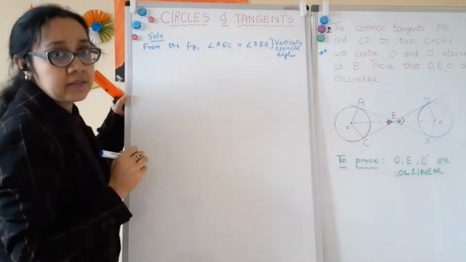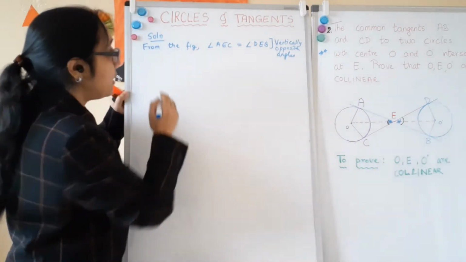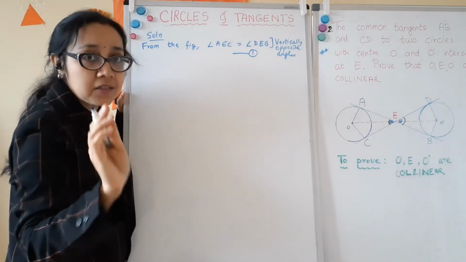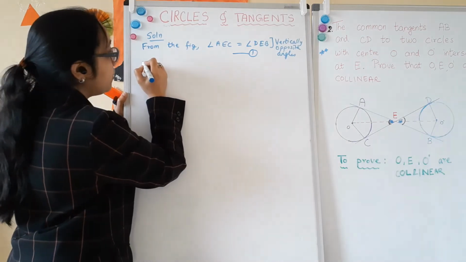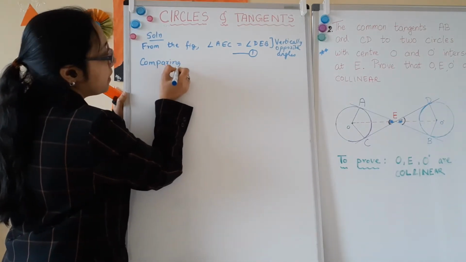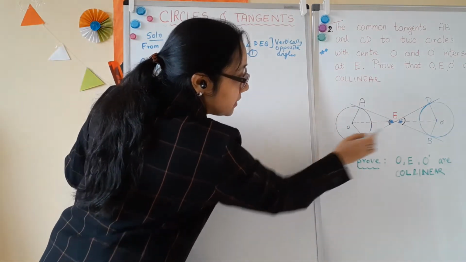So this is the reason. Now second thing very important, you can see we are comparing. So let's name it as number 1. So this is our first. Now second thing, you can write comparing. Let's compare the two triangles, triangle AOE and triangle COE.